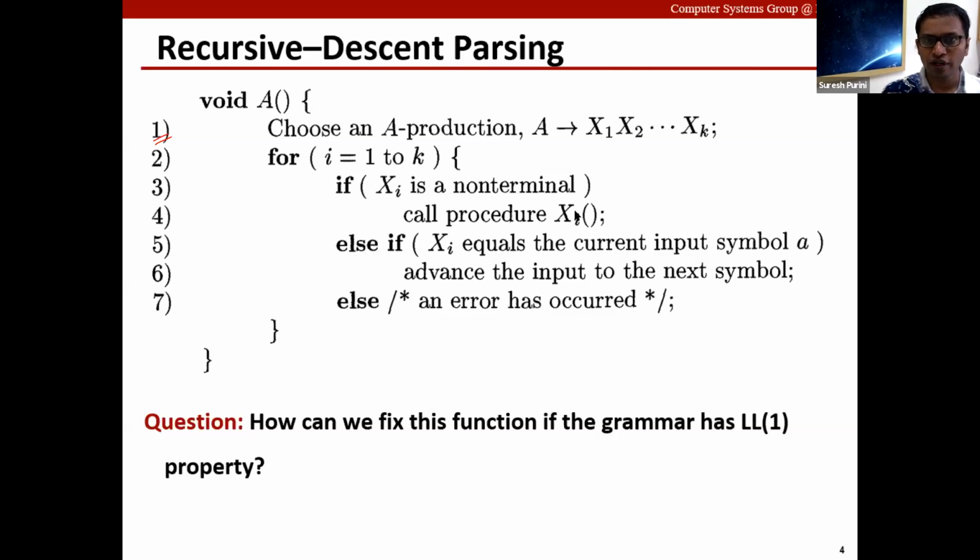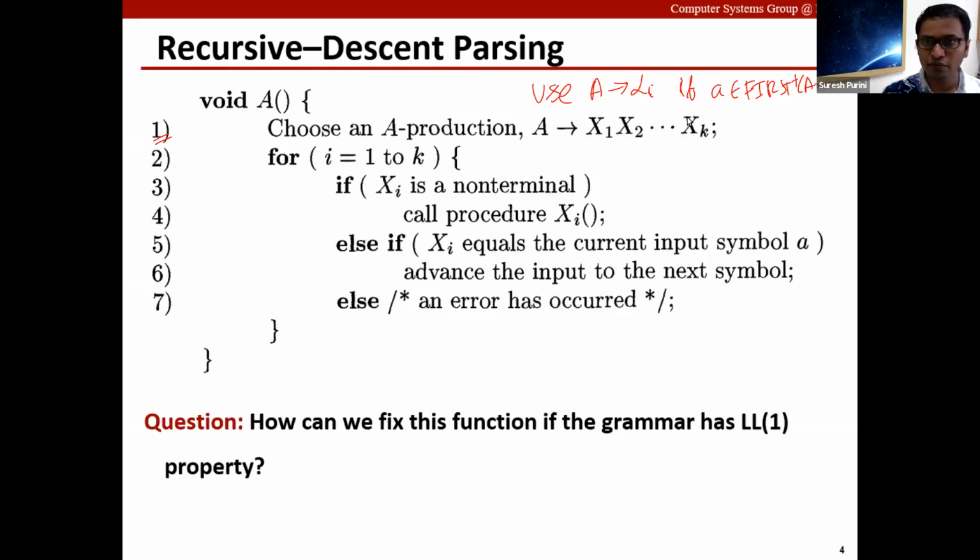And in order to avoid this backtracking, what do we do in step one? We use the substitution rule a goes to alpha I if the current look ahead symbol a belongs to first plus of a goes to alpha I. This is the case.